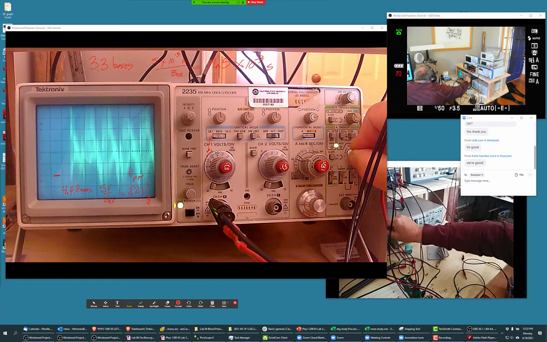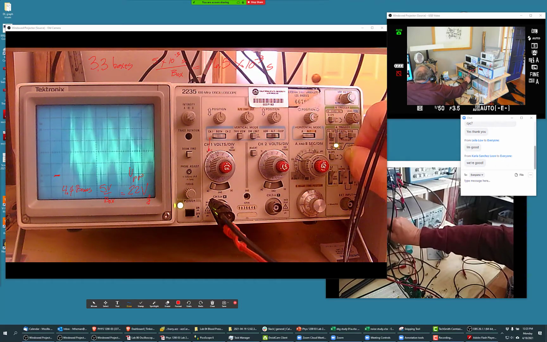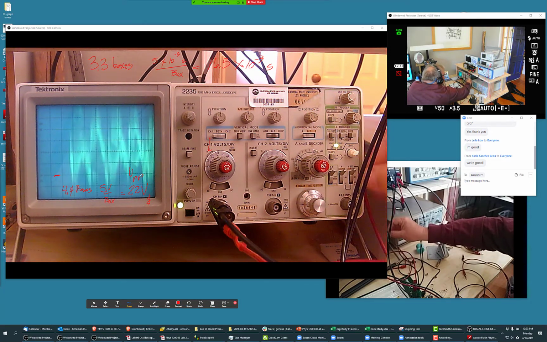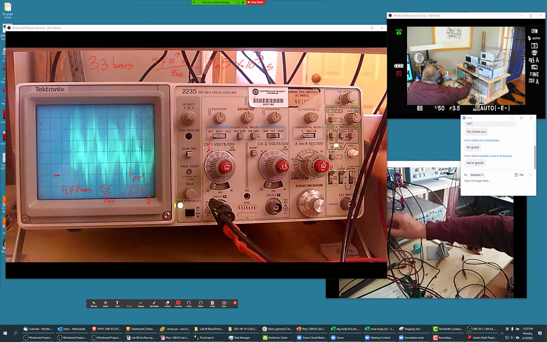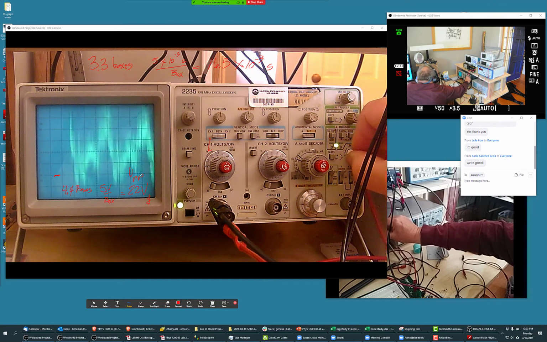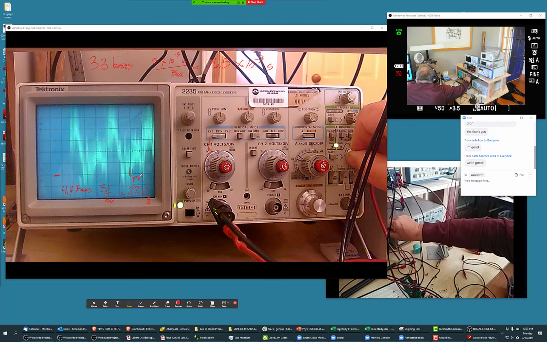So then I can twist this trigger knob. It's not really working. I wonder why not. What if I DC coupled it? Or I don't have it on normal triggering. That's why. Okay. So now you see it's picking up just that high spot.